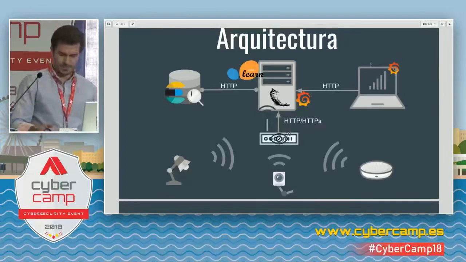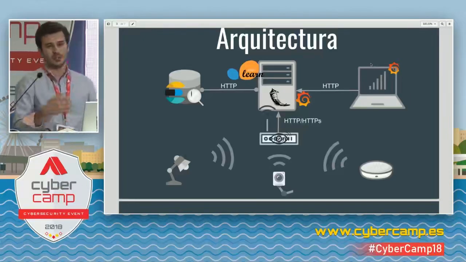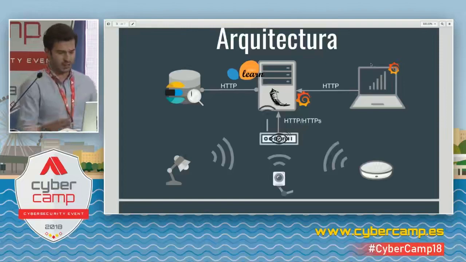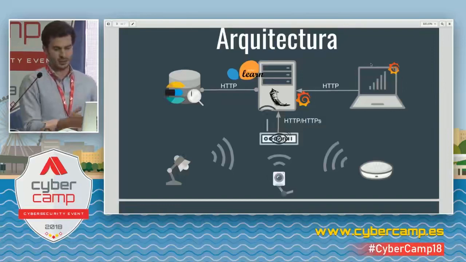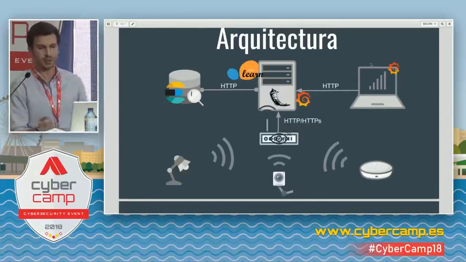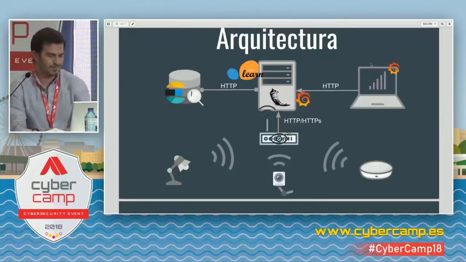Then this data, we keep it in Elasticsearch, for which we have an algorithm with behavior modeling. The idea is to find these weird behaviors, report them to the Elasticsearch database, and then show a nice view to the user of how good or bad a shape the network is in.